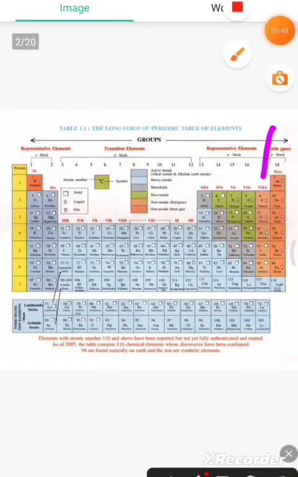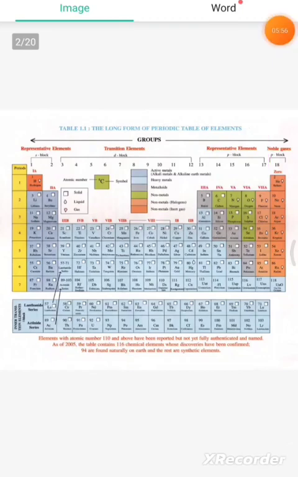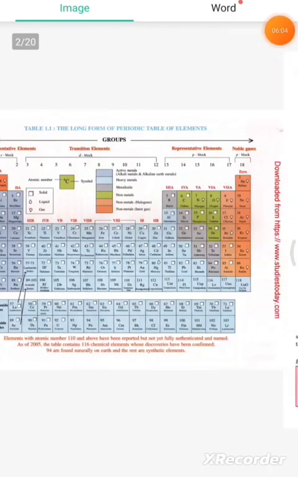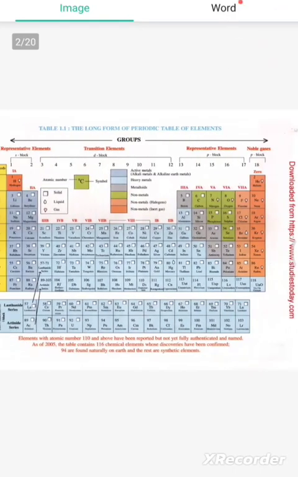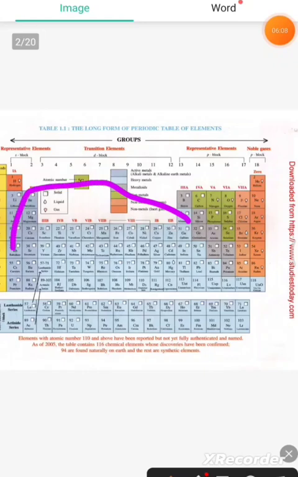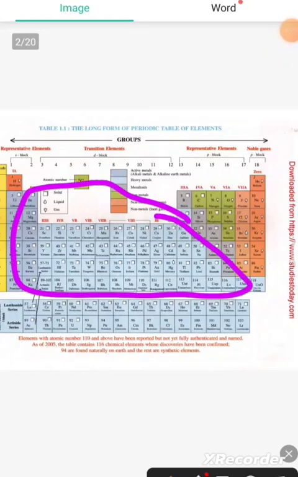Like that, different groups have different names, which we are going to discuss later on. First, you should be very clear about your metals and non-metals. So the completely left side, including this one also, all this is called metal.